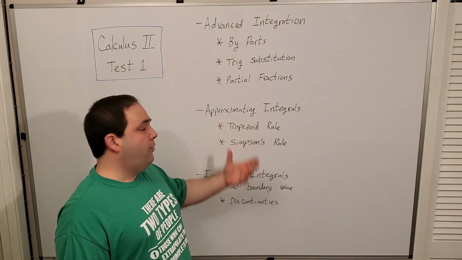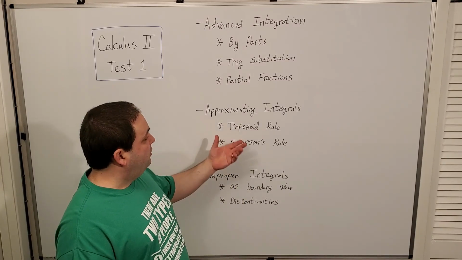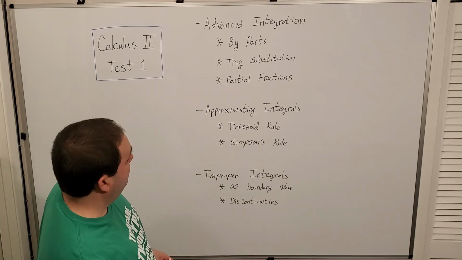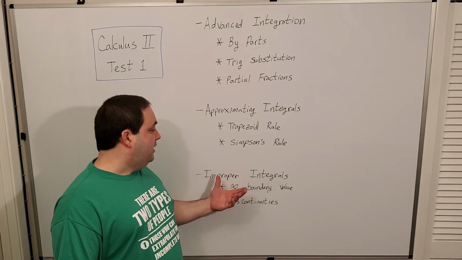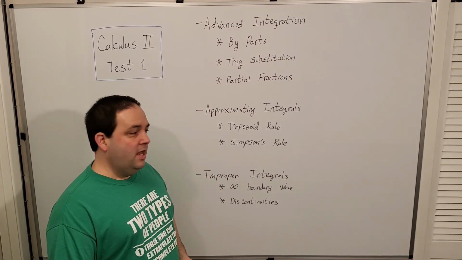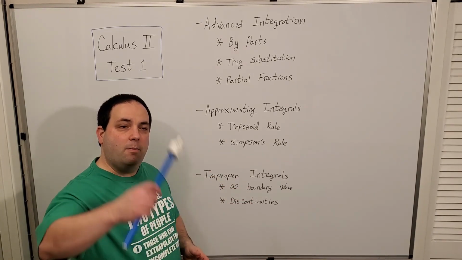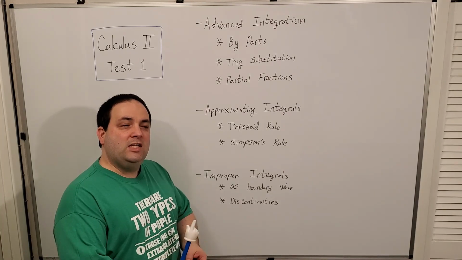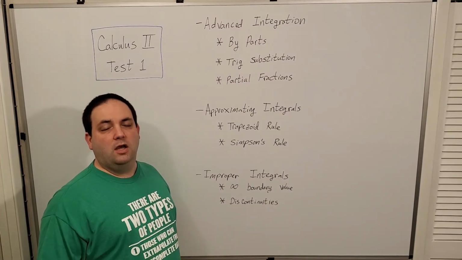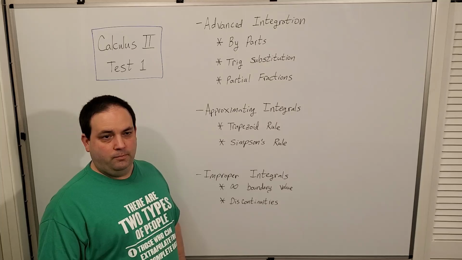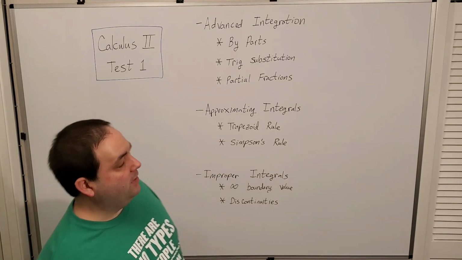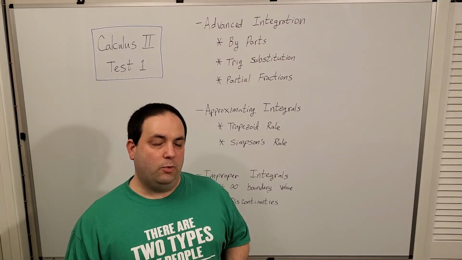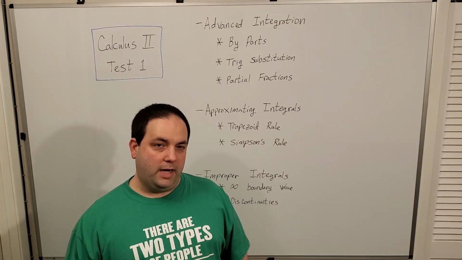Also, we approximated integrals using both the Trapezoid rule and Simpson's rule, so there are some of those. And then, of course, being able to deal with improper integrals that either have infinity in the boundaries of a definite integral or have a discontinuity somewhere in the boundaries of the given integral. These are all of the topics that are typically covered in that first test of Calculus 2 that we have gone through and created here.